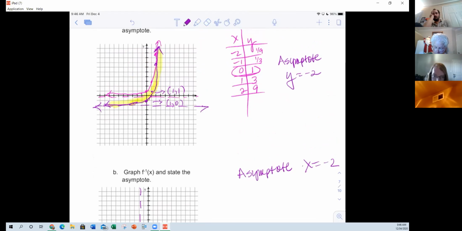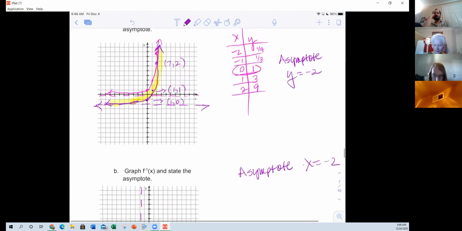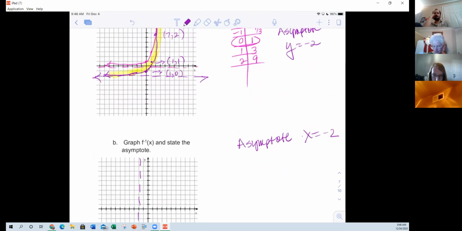And 2, 7 would become 7, 2. And these tiny little numbers down here, I'm not going to worry about because I know it's going to be asymptotic to x equals -2.